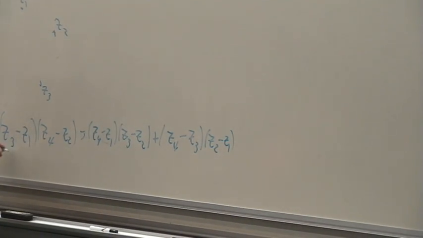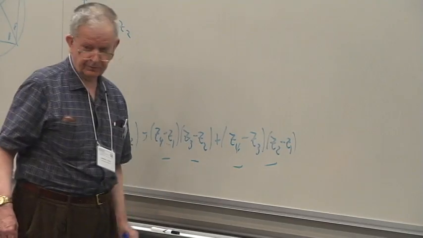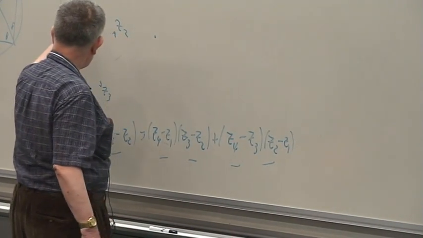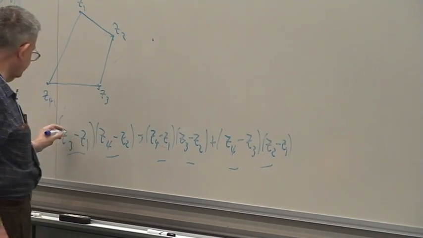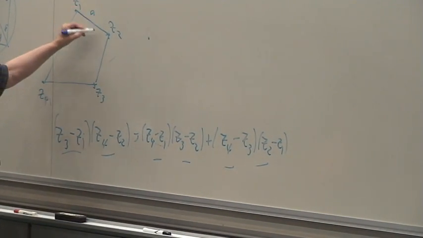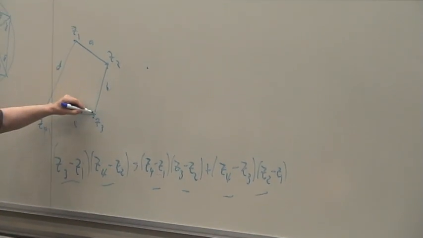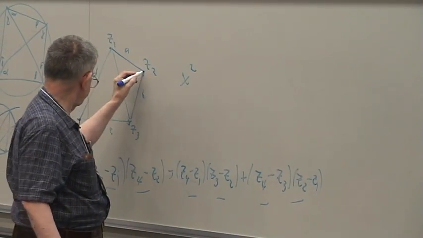And then you conjugate everything and multiply them together. And you get, well, when we multiply this by its conjugate, Z3 minus Z1 is just going to be x. So we get x squared.